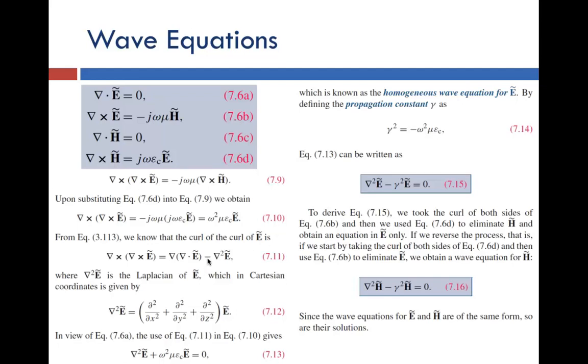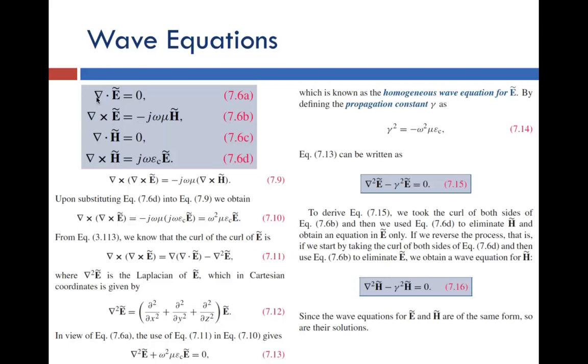Now, del squared of E, by definition, is the Laplacian of E. If E is some field, then the Laplacian is given in rectangular coordinates by what's shown between these brackets: the second partial with respect to x squared plus the second partial with respect to y squared plus the second partial with respect to z squared. So basically that is what the Laplacian is.